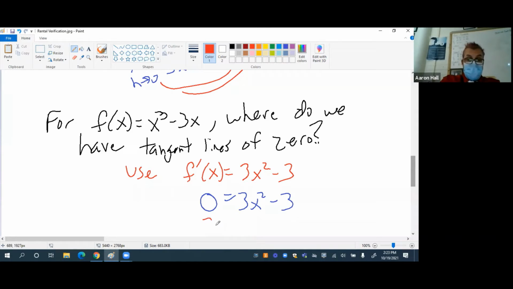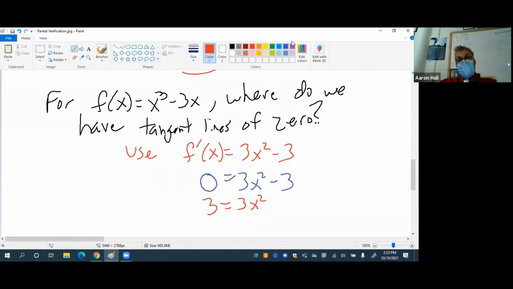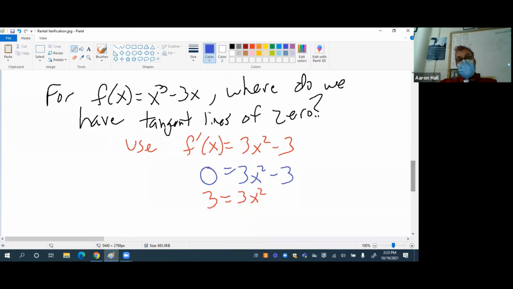Okay, add 3 to both sides. I have 3 equals 3x squared. Now what? Divide by 3. That gives me x squared equals 1.